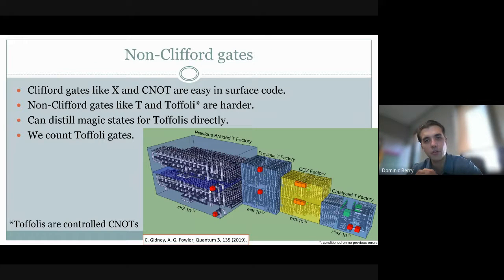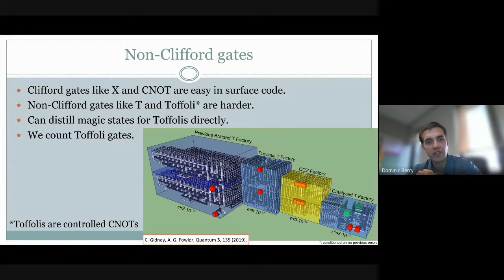Like I was saying before, we're counting non-Clifford gates. The reason is that we're interested in an eventual physical quantum computer which has error correction in the surface code. Of course, it's not possible to do every gate that you need for universal quantum computing natively in the surface code.